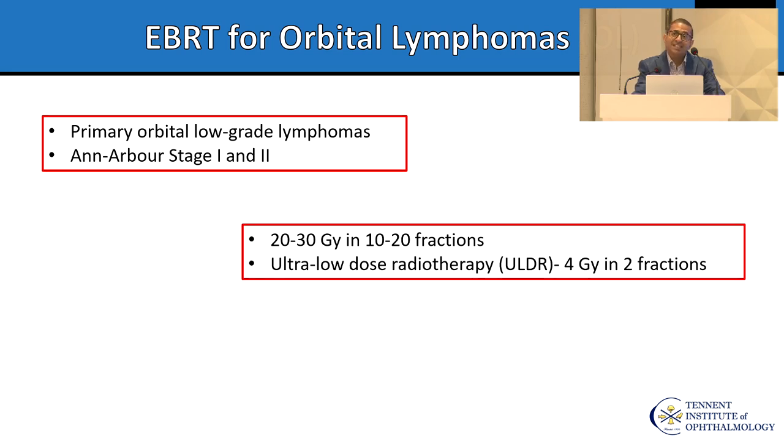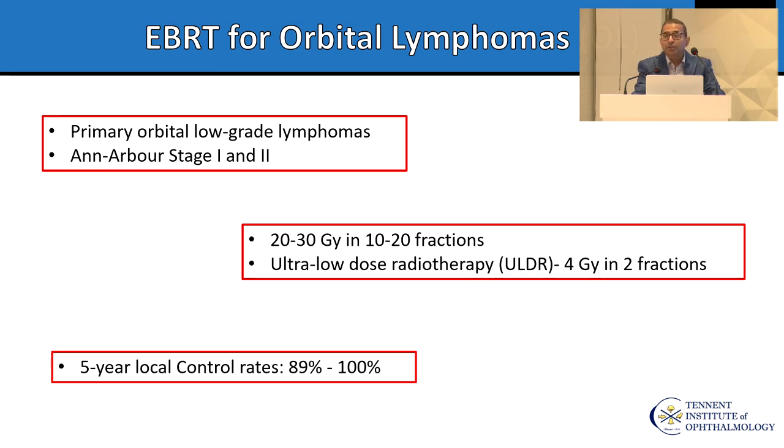The dose is very similar to thyroid eye disease, but many centers have tried ultra-low-dose radiotherapy using just 4 grays for orbital lymphomas. I'm not sure about centers in India, but in Glasgow, we certainly haven't been brave enough to go down this route. Whatever you use, these centers report more than 90% success in terms of local control of these lymphomas.